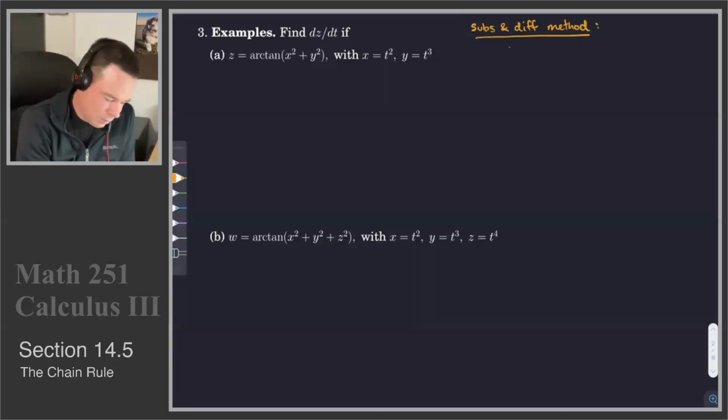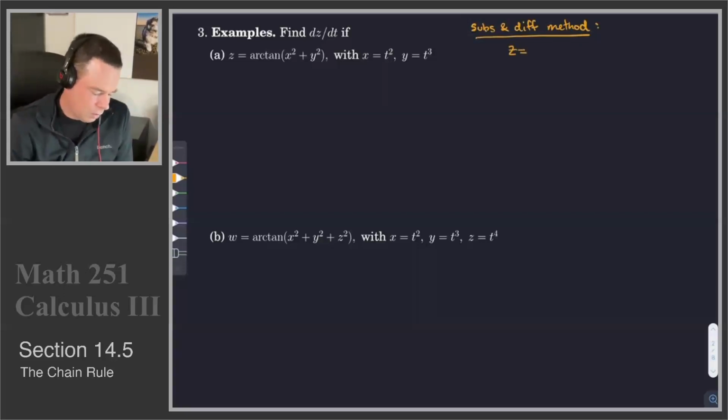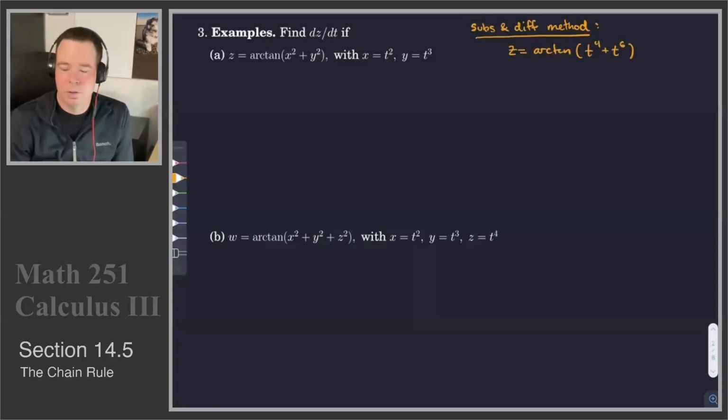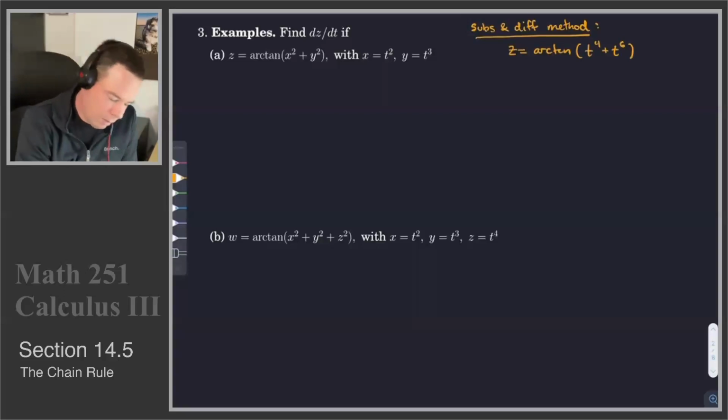You'd say, oh, well, z, that's a function of x and y. Oh, but x is t squared and y is t cubed. So this is arctan of t to the fourth plus t to the sixth. Okay, so now I've expressed my function entirely in terms of t. Now I don't even need to worry about the x's and y's because they're gone. And so now I can differentiate. dz dt is equal to the derivative of arctan, which is 1 over 1 plus the inside squared.